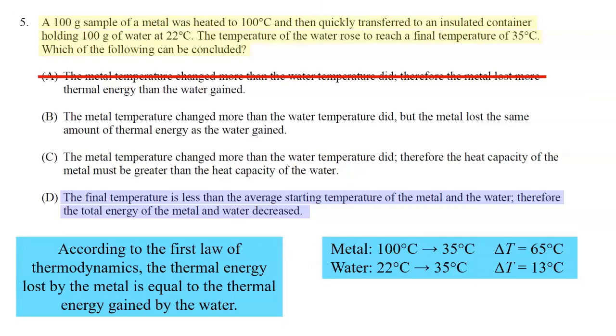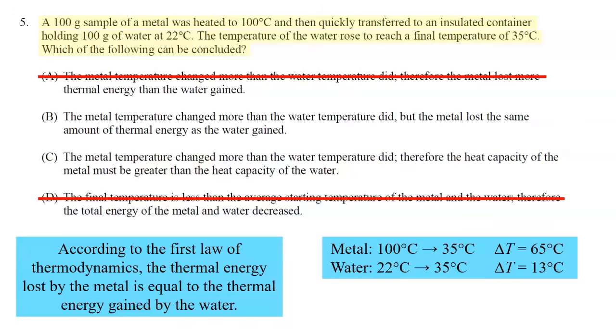The reason why that conclusion is incorrect is because the energy was simply transferred from the warmer object, which is the metal, to the cooler object, which is the water. So the total energy of the metal and the water did not decrease. The energy was simply transferred from the warmer metal to the cooler water. So we can eliminate choice D.